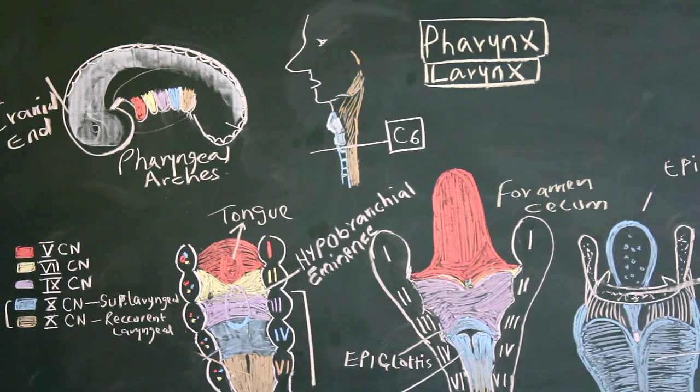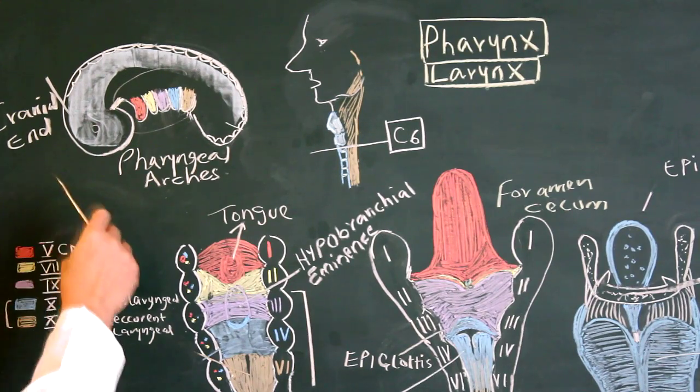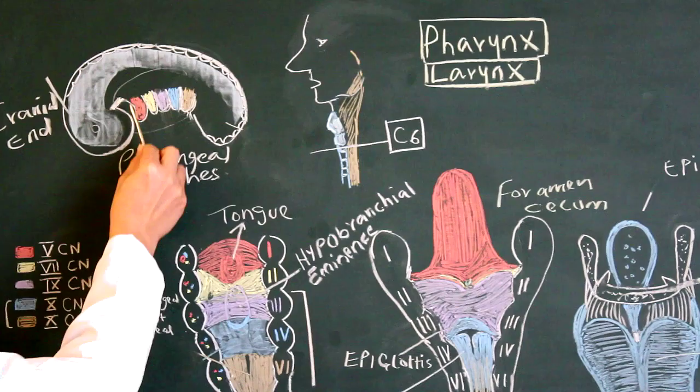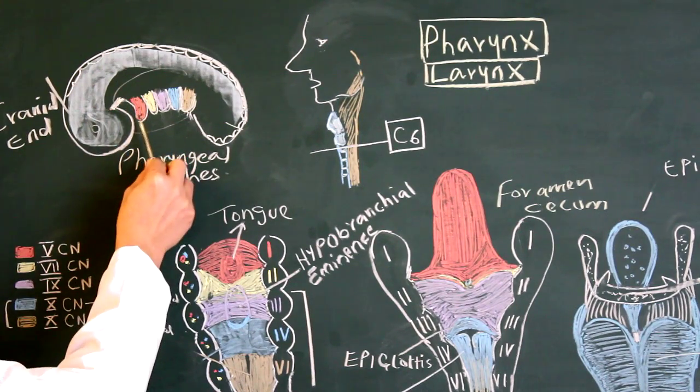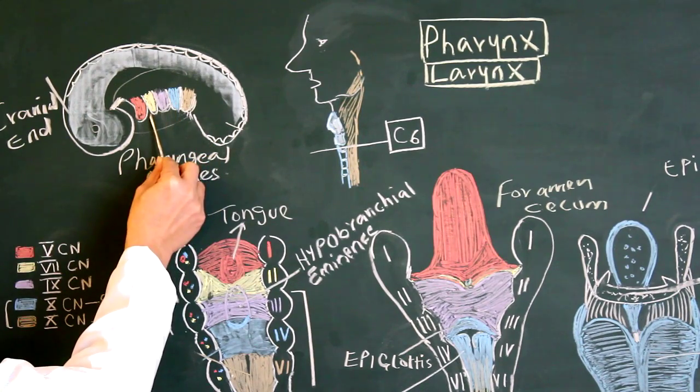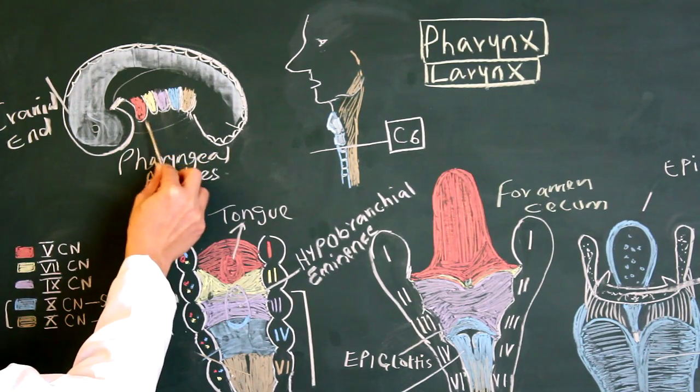These are known as the pharyngeal arches. Actually, it is a full apparatus with the arches. The bulges are the arches, and the grooves present in between each bulge are the pharyngeal grooves.